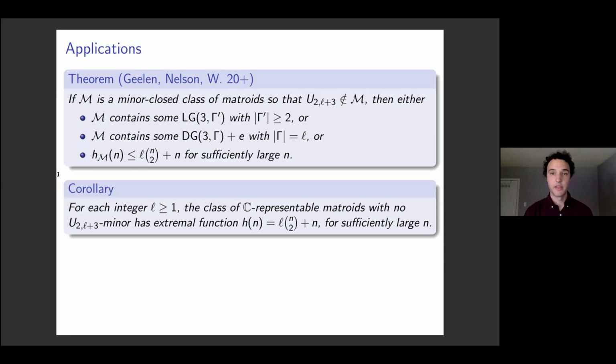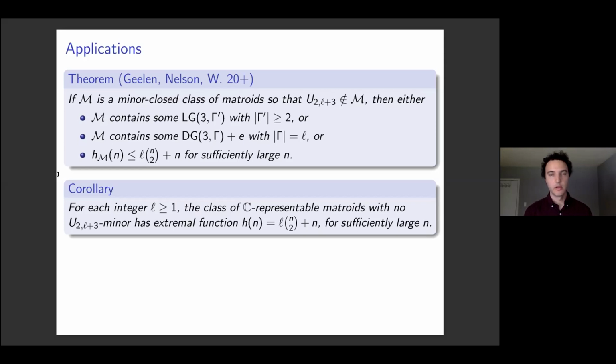And it turns out that we get a matching lower bound because Dowling geometries over the cyclic group of size l are complex representable. Okay, so Dowling geometries are extremal for this class. Okay, and this was conjectured by Peter and also by Rohan Kapadia.